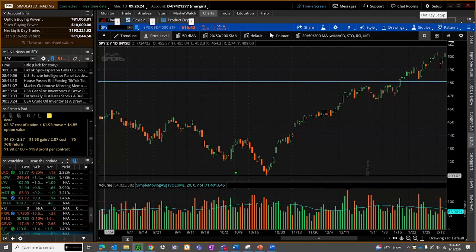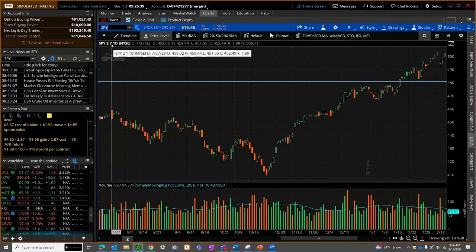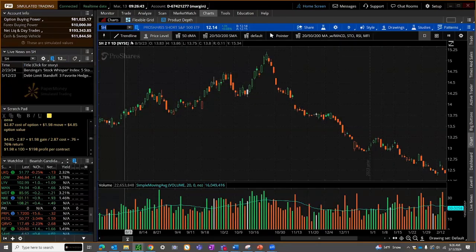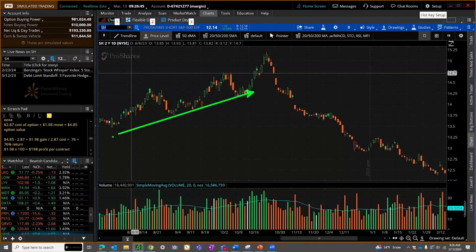They're usually poorly performing. So the markets were falling lower and our SPY was going down. While that's happening, to make money, you could be buying into the SH because it takes a bearish position on the SPY. And so it would be rising higher because the markets were falling lower.